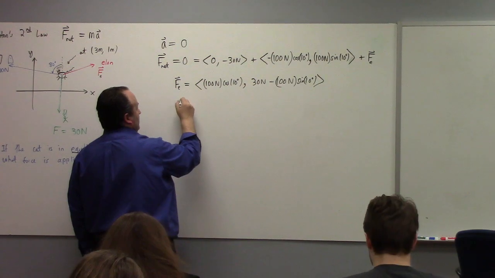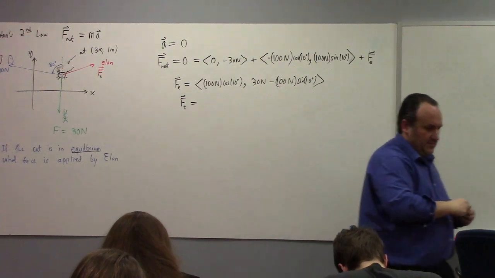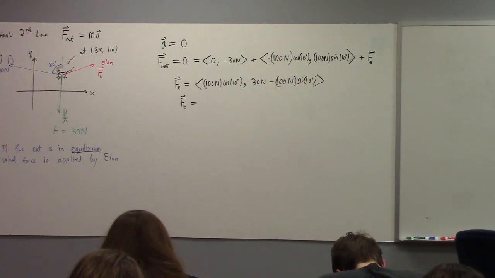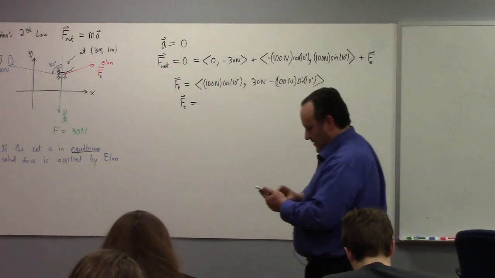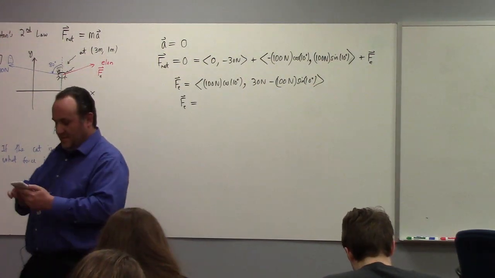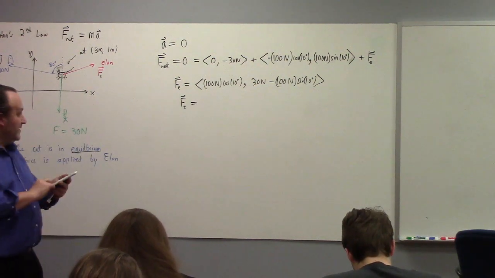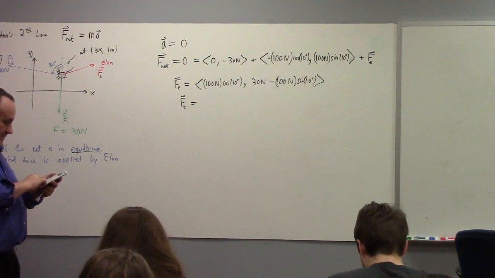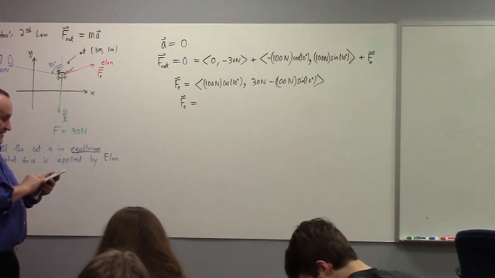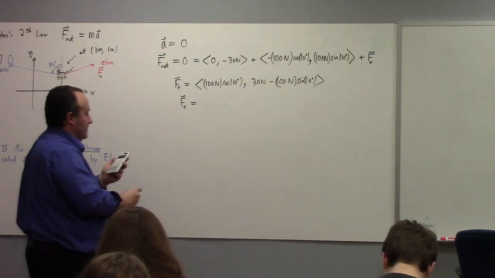So the Elon force apparently is whatever that is. Oh man, I'm still back in the quadratic equation solver mode from the other day. That's not going to work. All right, computation: 100, cosine. Am I in degree mode? I am, that's good. 100 times cosine 10 is about 98.48. Okay, well there's that.